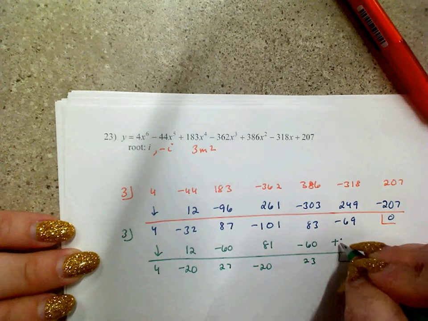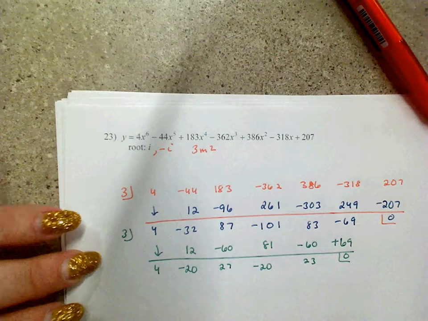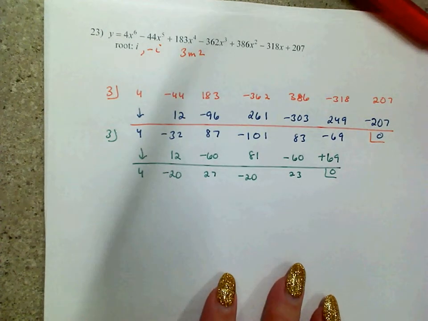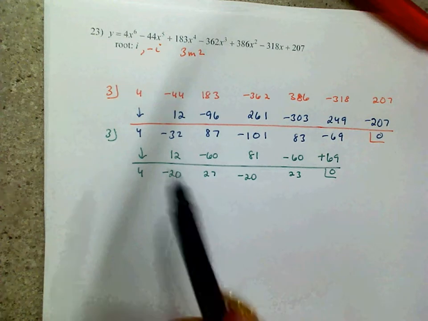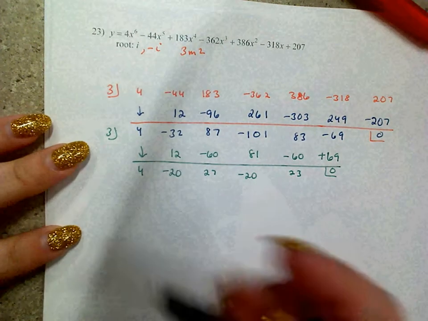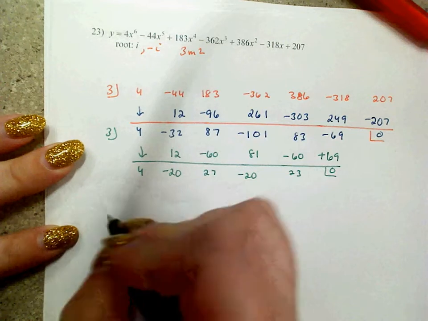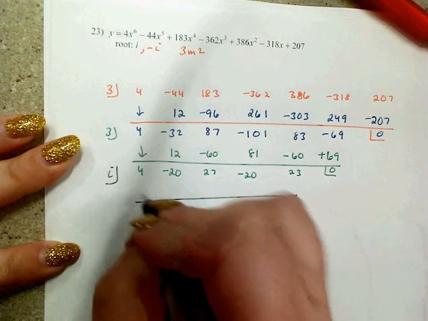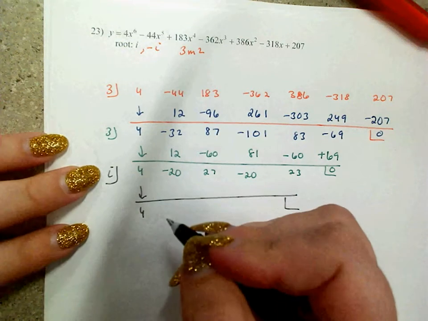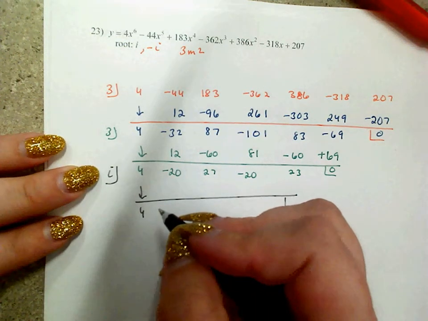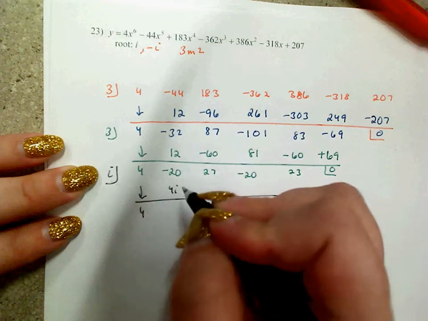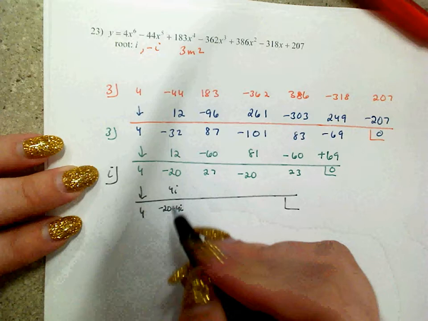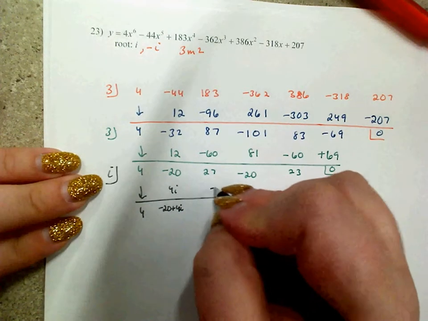Alright, so I start with the power of 6. I've divided out 2 of them. We're going to then go ahead and use our imaginary roots. So I'm going to go ahead and do i. Because it's just one term, we're not going to have to do a whole bunch of binomial times binomial. 4 times i is 4i, which means negative 20 plus 4i. i times negative 20 is negative 20i. i times 4i is 4i squared, which is negative 4.